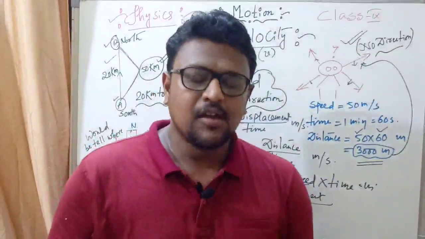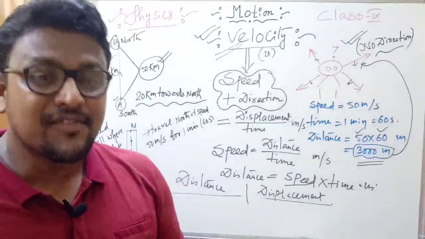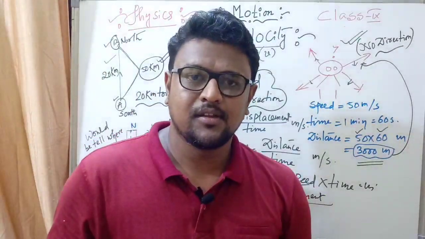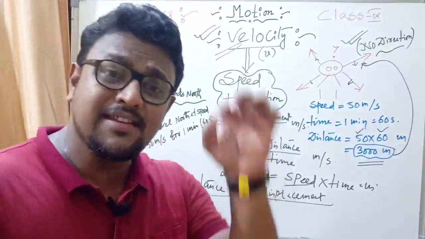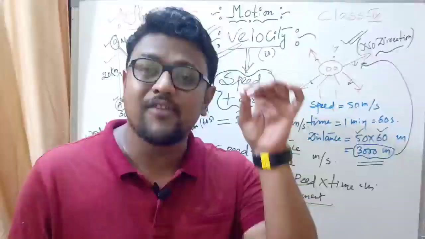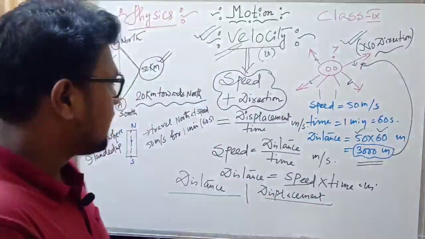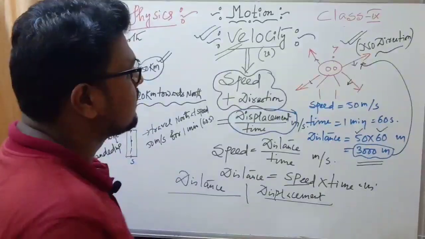So what is velocity? When an object travels a certain path with respect to time in a particular direction, that is the basic concept of velocity. That means velocity is equal to displacement upon time taken.